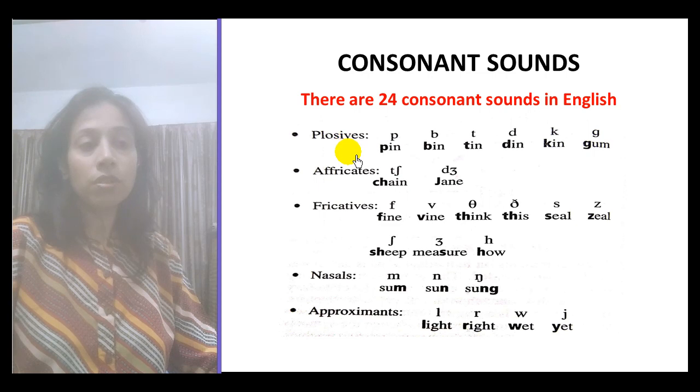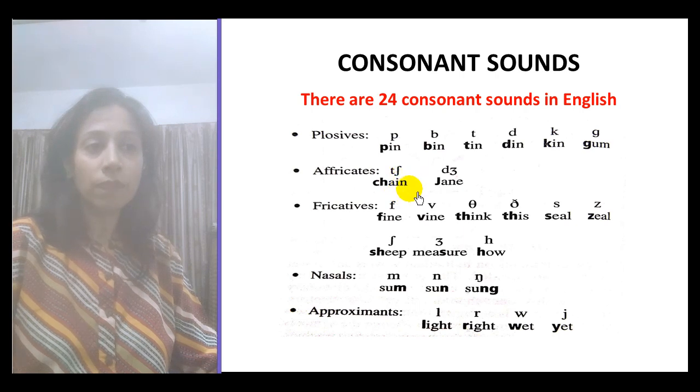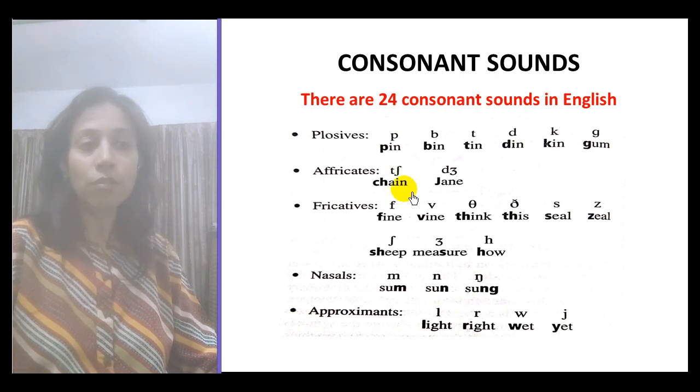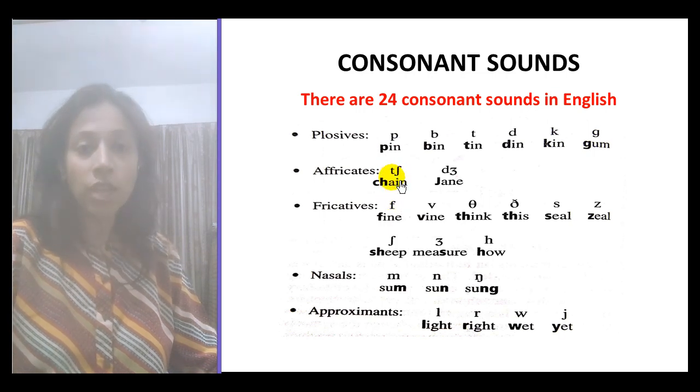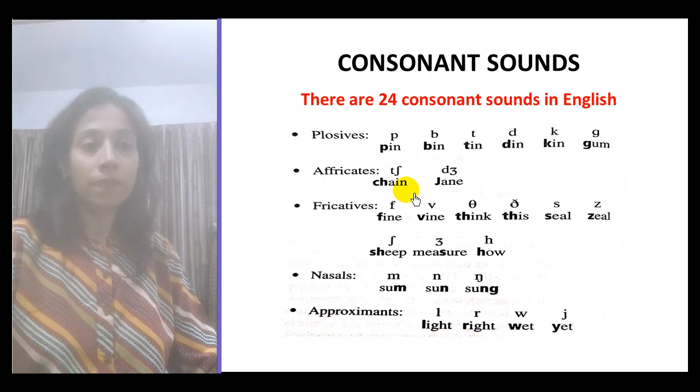Next are your affricates, and you can see how different they are and how they are drawn. The ch sound appears in chain and it is drawn as t, and then there's a long winding kind of line there. The next sound there is j sound as in Jane.